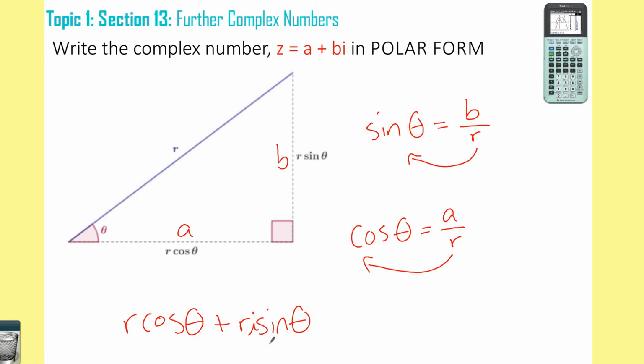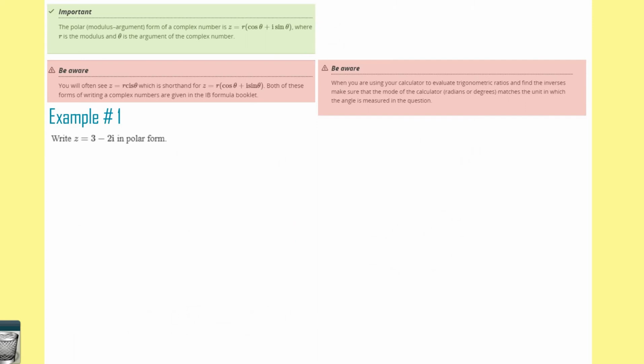You always leave that radical, log, sine theta, all that stuff at the end of your expression. Okay. So shorthand is just writing it as r cis theta. That's cosine i sine. That's just a shorthand, and that's how I'm going to write it.